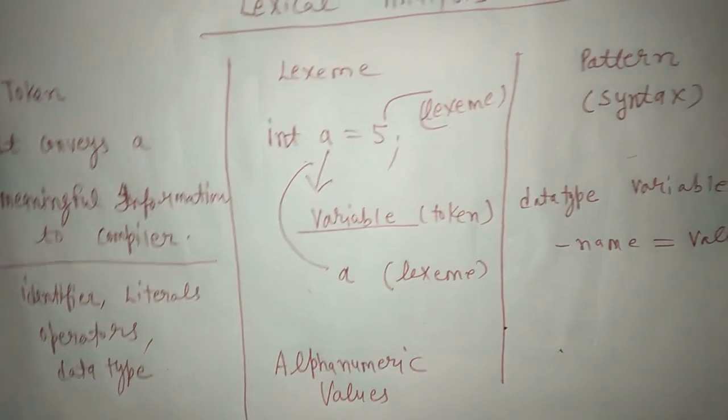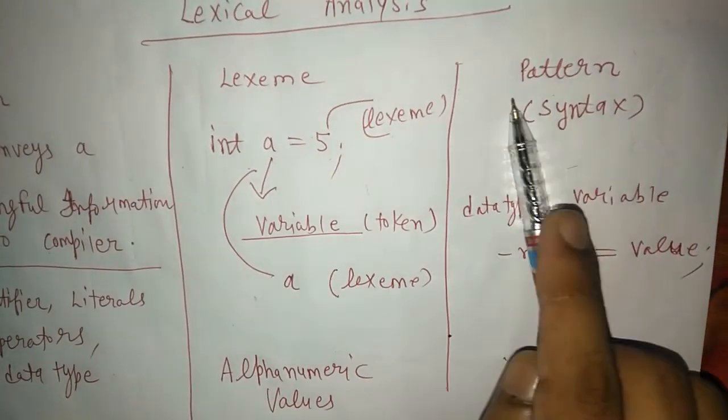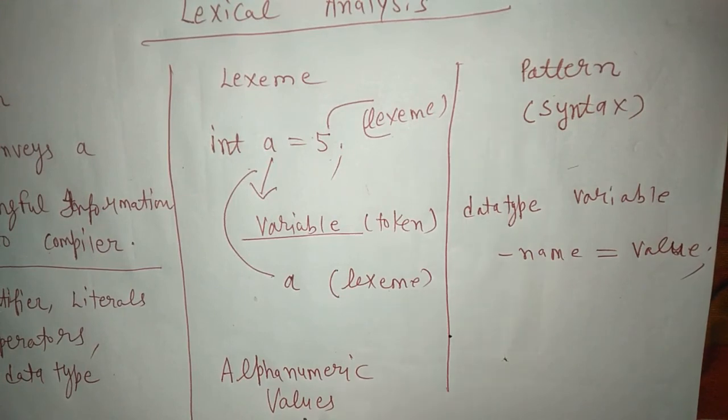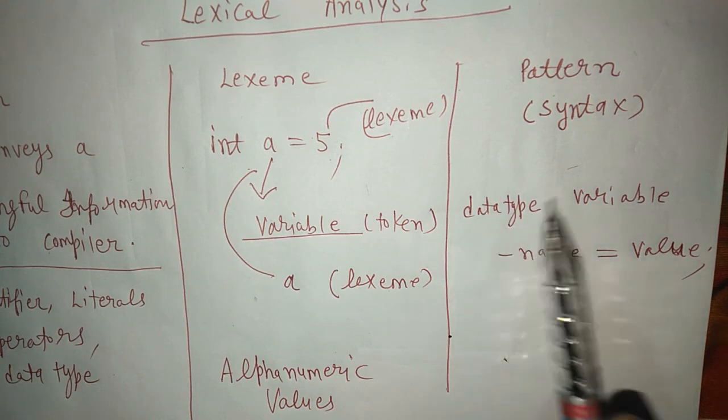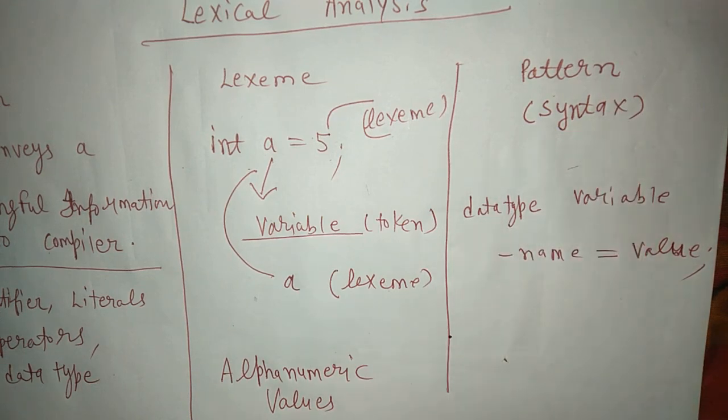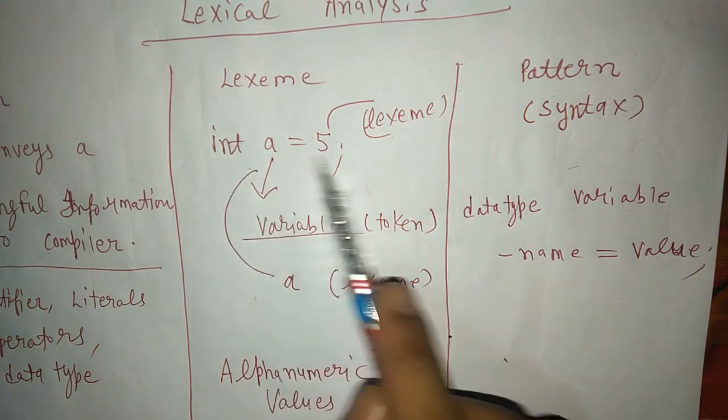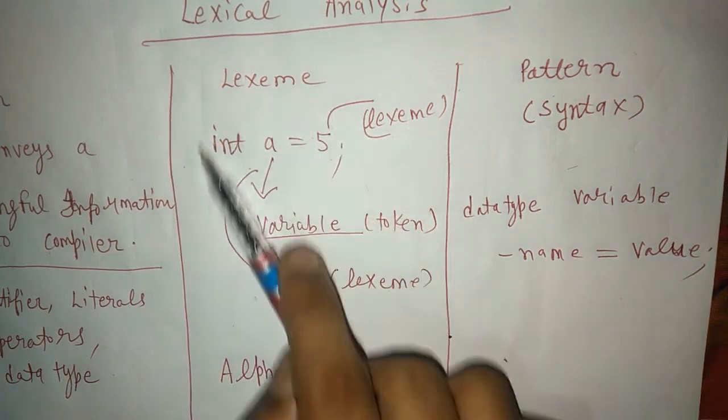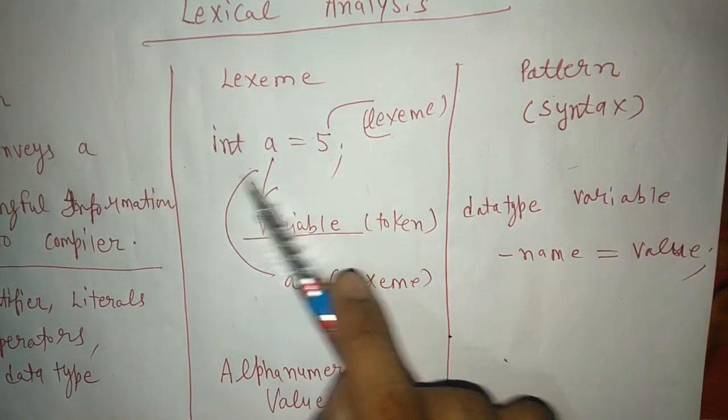The last one is pattern. If I write it in a simple word, it is known as syntax. Whenever we learn any programming language, for any function or constructor, we need to understand the structure and pattern of the program. If I have written here int a = 5, it is a line of code.